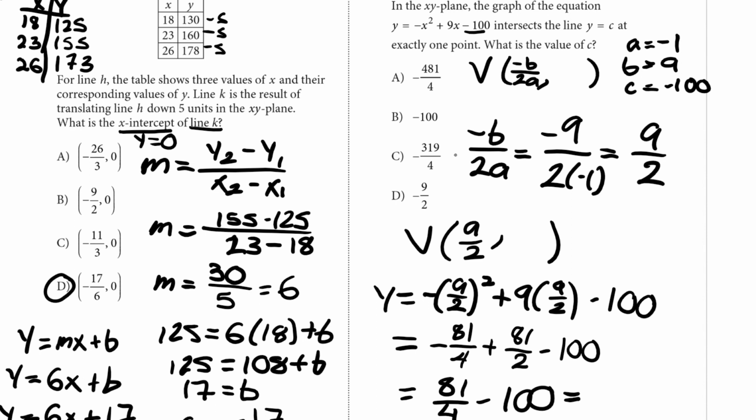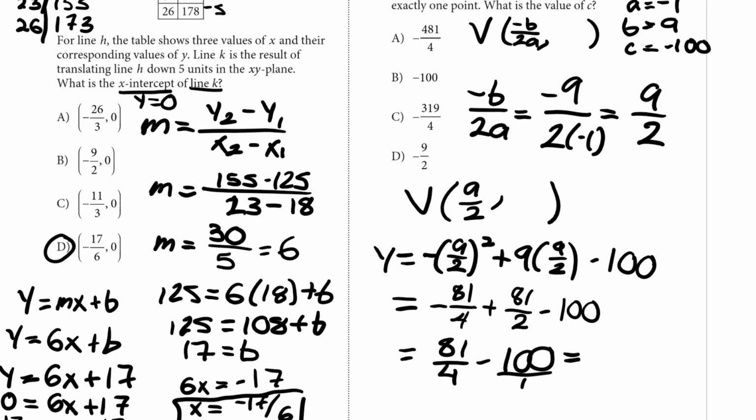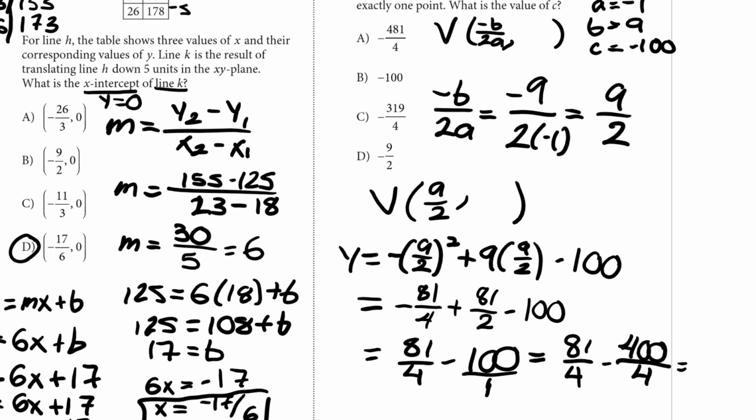In order to add these two together, this is 100 over 1. We have to change the denominator of 100 over 1. This will give us 81 over 4 minus 400 over 4. 81 minus 400 gives us negative 319 over 4, which is C.